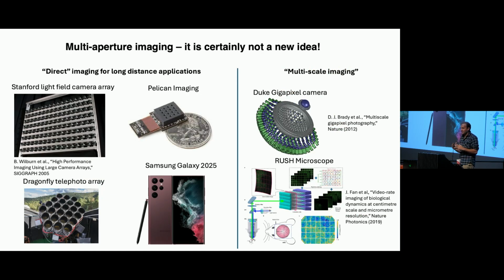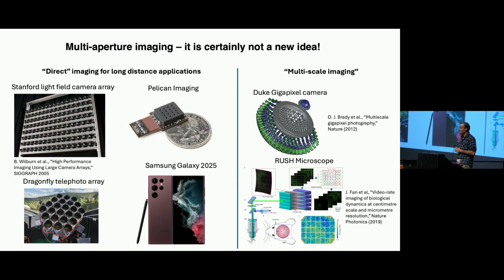So this idea of arrays or multi-aperture imaging is certainly not new. This is by far not an exhaustive list of technologies, but I think many of you in this room are aware of a lot of these. So we have the famous Stanford light field camera array, and miniaturized versions. There was a company originally named Pelican Imaging, and it kind of changed forms a few times.